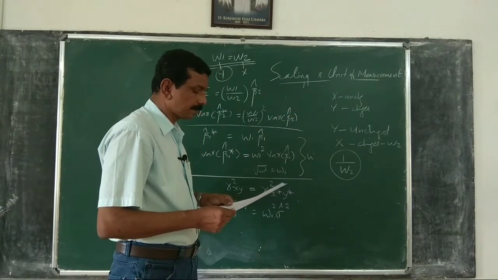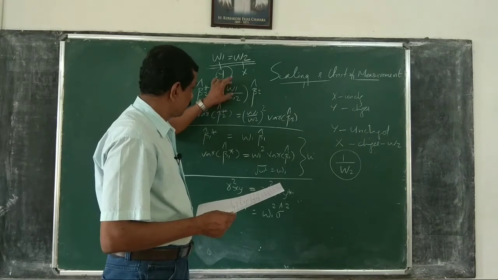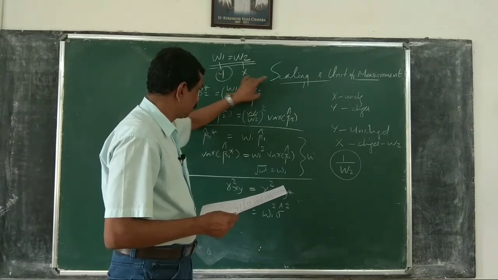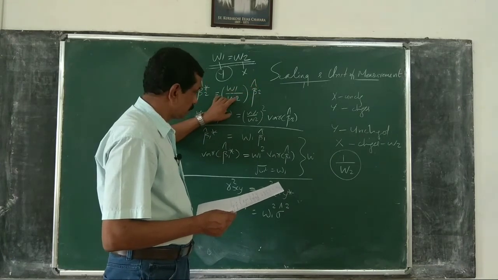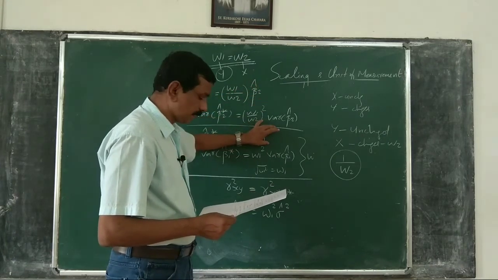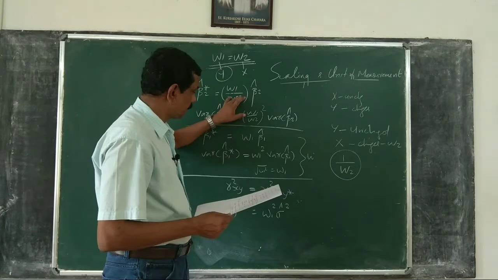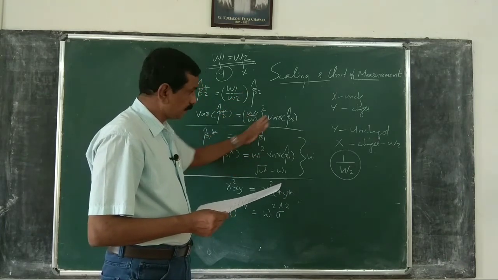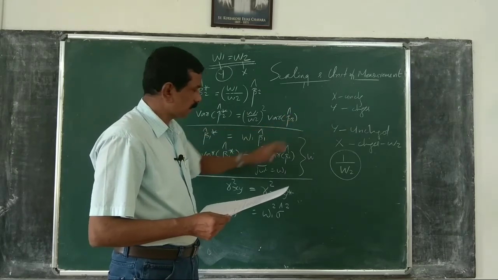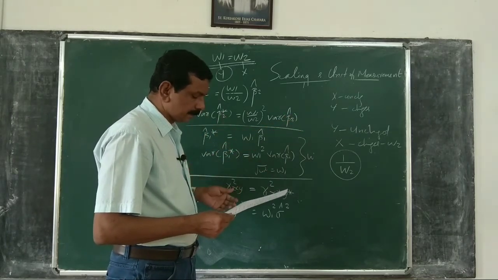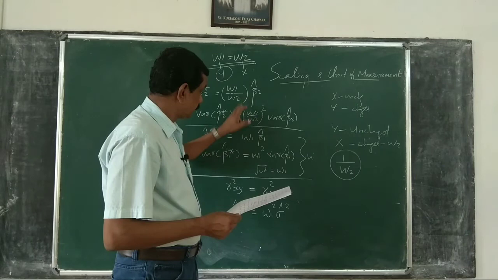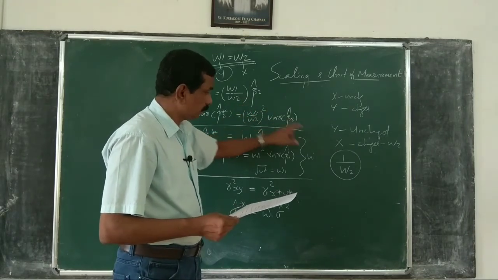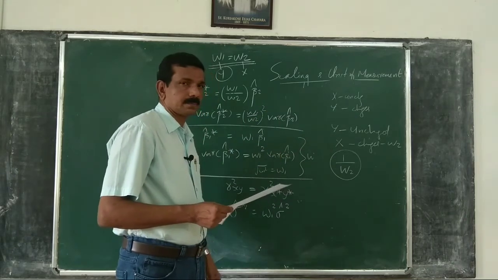As you can see, Y changes by W1, then the slope W1 into beta 2 hat, its intercept also W1 into beta 1 hat, and the standard error also changes by W1. If Y is unchanged, X changes, then slope and its standard error are multiplied by 1 by W2.